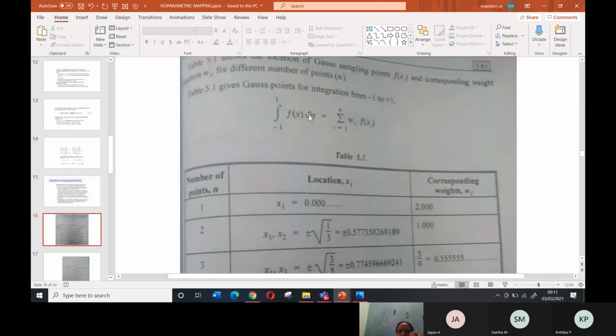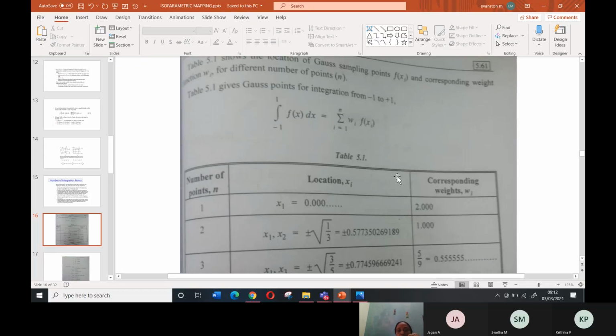So this numerical integration is Gaussian quadrature. Let us take the equation of a line, y is equal to mx plus c. That's the function of a line. When I am integrating from -1 to +1, I can do it this way: the integral is equal to the summation of i is equal to 1 to n of w into f of x.